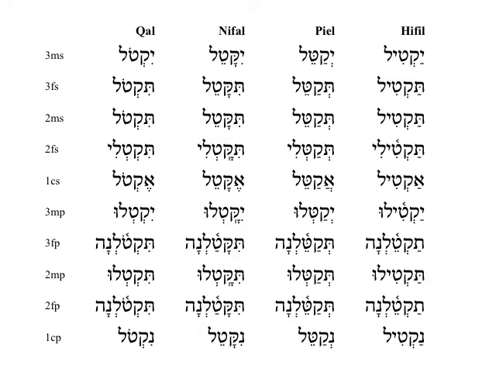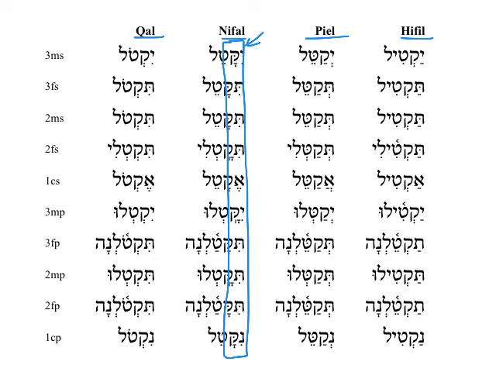So here we have the main stems, kal, pa'el, hitpa'el, and also nifal, together on this page. And what you can see is the consistency with which we have the nun in the pe letter all the way down the column here for the nifal.